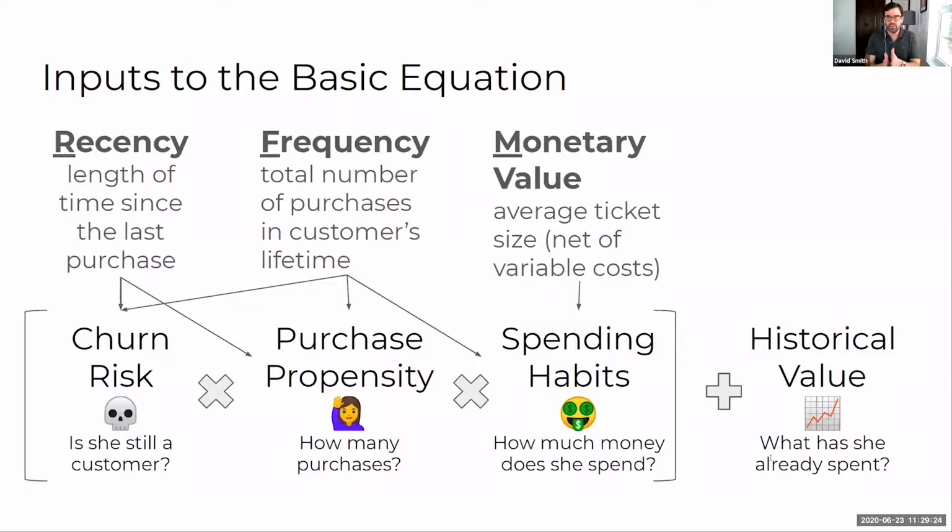If someone is very, very frequent, and then all of a sudden they stop buying, and that goes on for some period of time, their churn risk goes up, right? Because the fact that they used to buy all the time and now they don't indicates that they may have had a change of habit or change of vendor or something that has made them much more of a churn risk than when they were buying all the time.